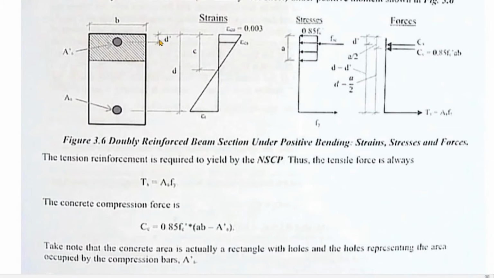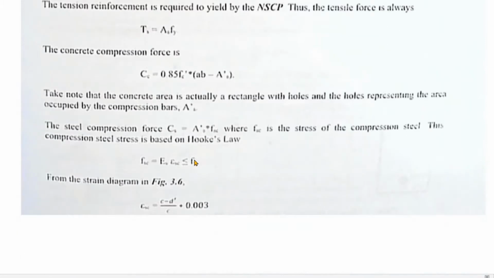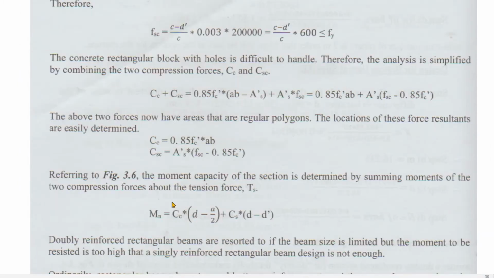So, d', that is the centroid of your A's from the extreme fiber. Ayun, c minus d'. Therefore, your fsc is equal to (c minus d') all over c multiplied by 600. Yan yung 0.003 multiplied by elasticity of steel na 200,000.